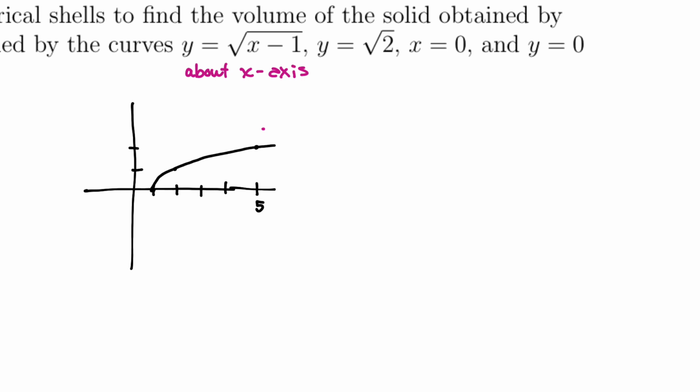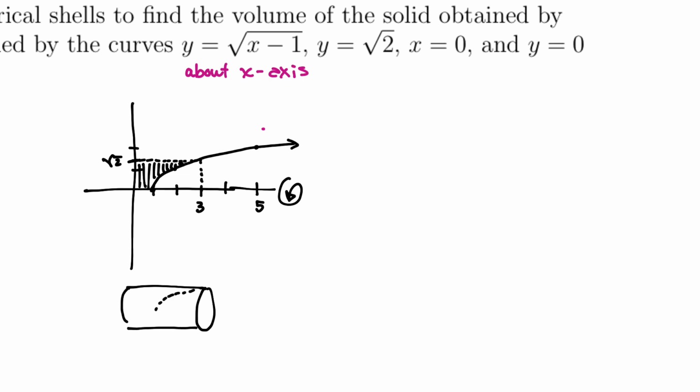It goes like this. So 3 actually gives me square root of 2. I want to go about the x-axis. And like I said, we could use washers on this one. We really could, but I want to purposefully use cylindrical shells on this one.